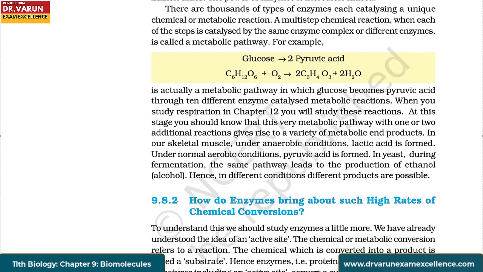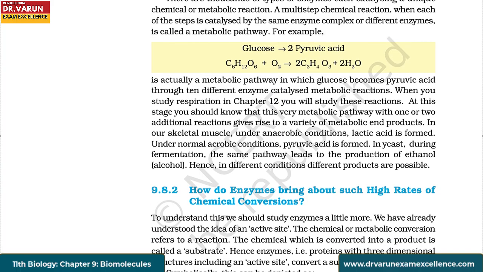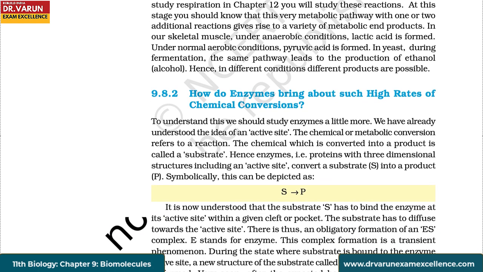At this stage, you should know that this very metabolic pathway with one or two additional reactions gives rise to a variety of metabolic end products. In our skeletal muscle, under anaerobic conditions, lactic acid is formed. Under normal aerobic conditions, pyruvic acid is formed. In yeast, during fermentation, the same pathway leads to the production of ethanol or alcohol. Hence, in different conditions, different products are possible.